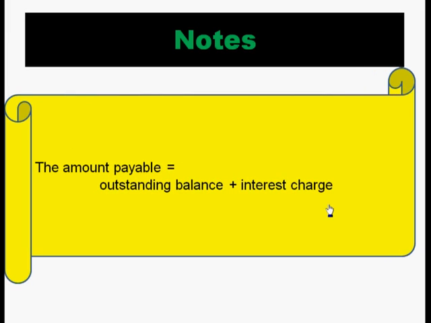And the amount payable is equal to outstanding balance plus interest charge. So therefore, if you're going to find the hire purchase, you must identify first the what? Deposit, then you must work out the amount payable, which is equal to the outstanding balance plus interest charged.